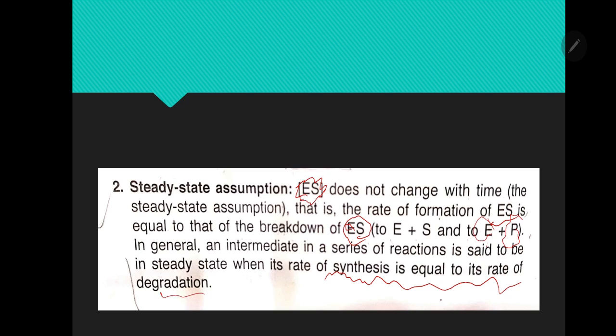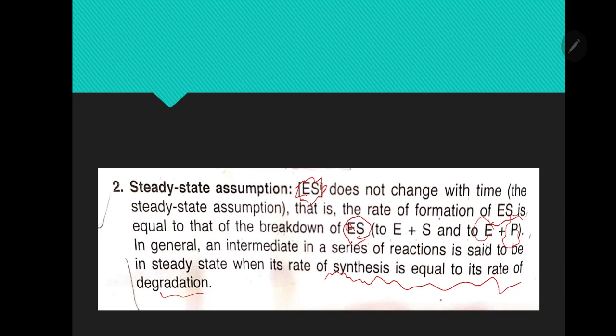As I told you in my earlier lecture, when we were talking of nitrogen balance, the intake of nitrogen in a normal healthy person is equal to the excretion of nitrogen, and that is nitrogen equilibrium. Similarly here, if the rate of synthesis in a reaction is equal to the rate of degradation, it is called the steady state, and that is the steady state assumption.